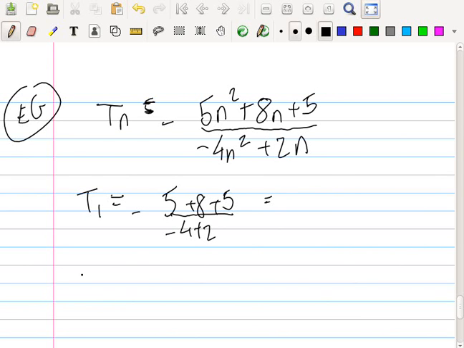What is it? Minus 4. The minus is in front of the whole thing, and then the minus in front of 4.